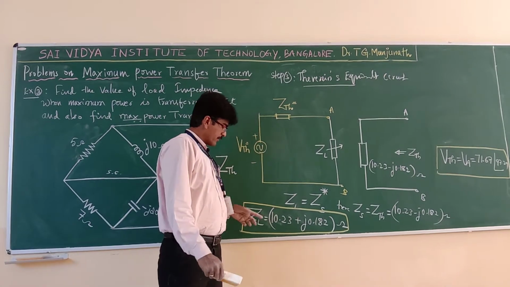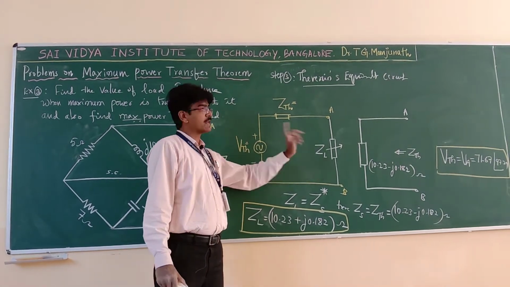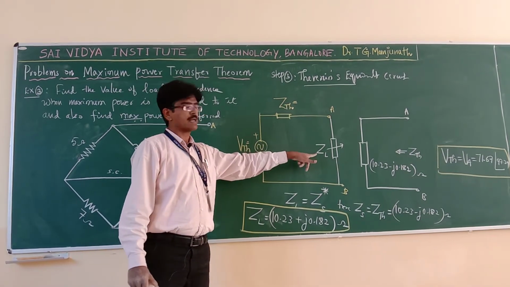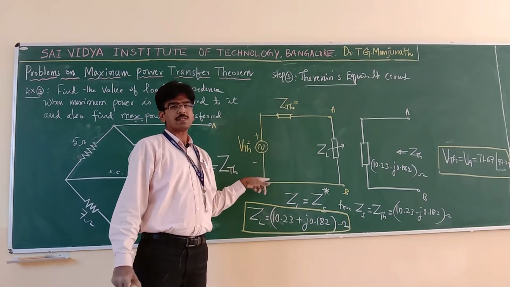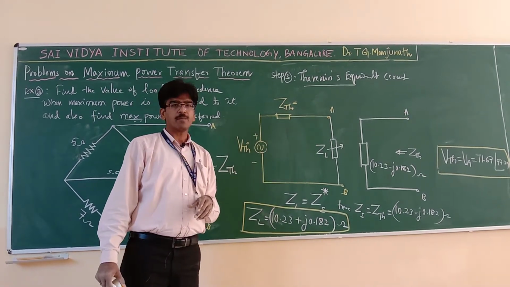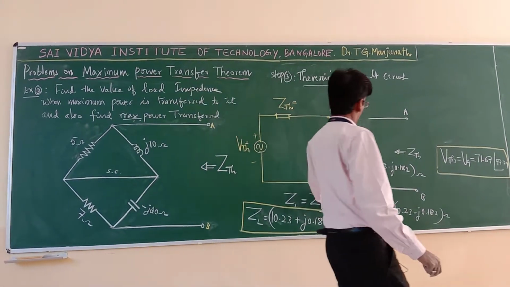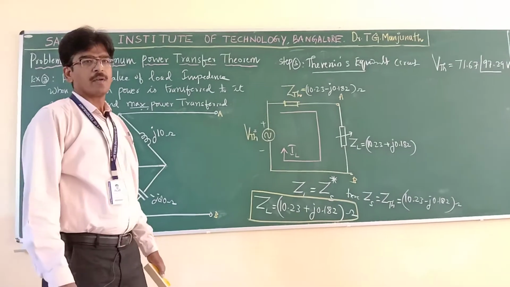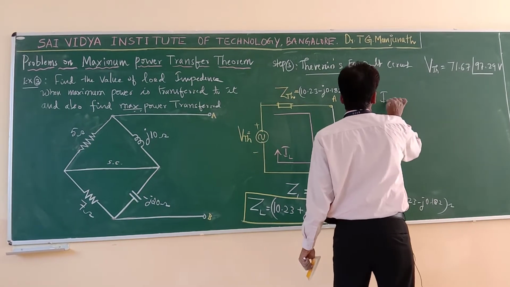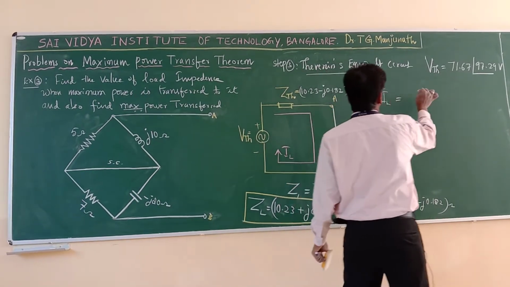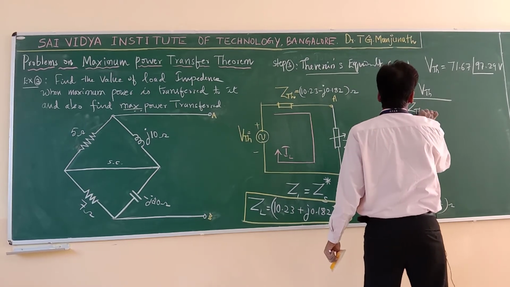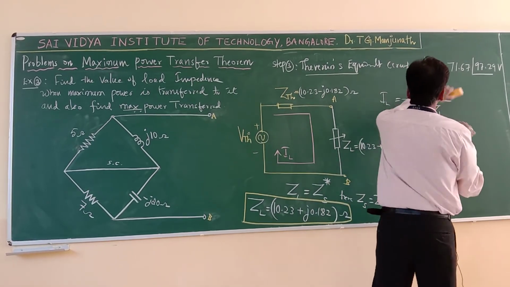After finding the load impedance, I should find the power transfer to the load also. To find the power transfer to the load, I should first find the current. Once you get the current, then I can find the power. Okay, now let us find the load current. IL is equal to, by Ohm's law, V Thevenin divided by Z Thevenin plus ZL.